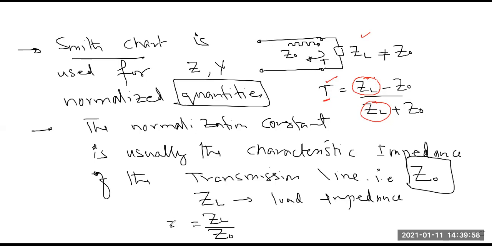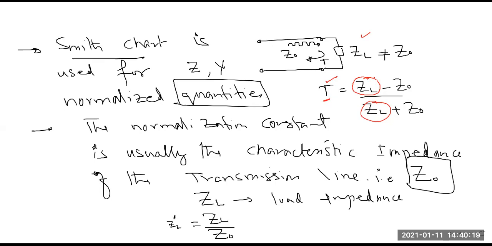So normally the normalized version is represented with small letter. So I will call it small zL. Just to make sure that you are not confused whether I am using the small z or capital Z, for this lecture, I will represent the normalized impedance by dash.